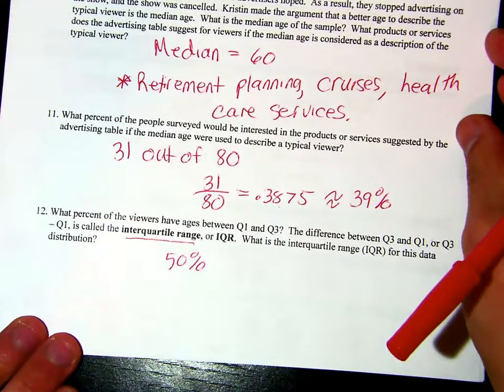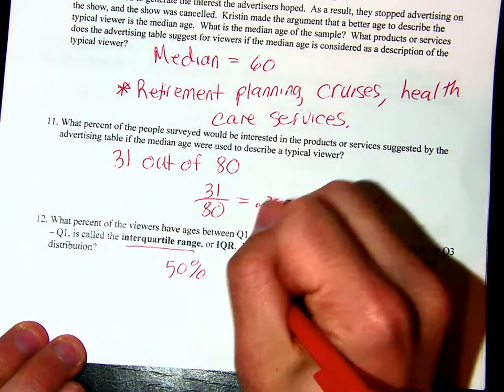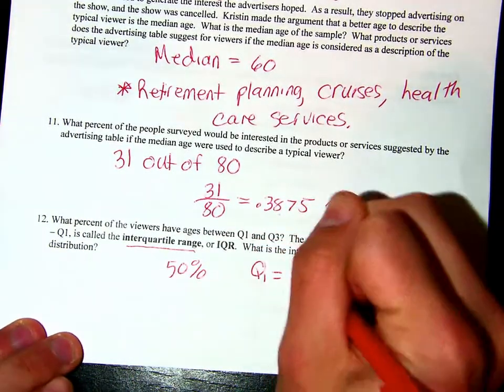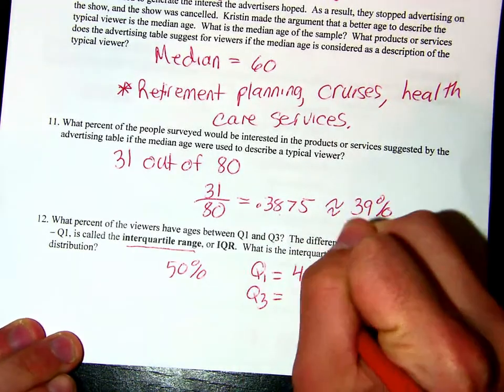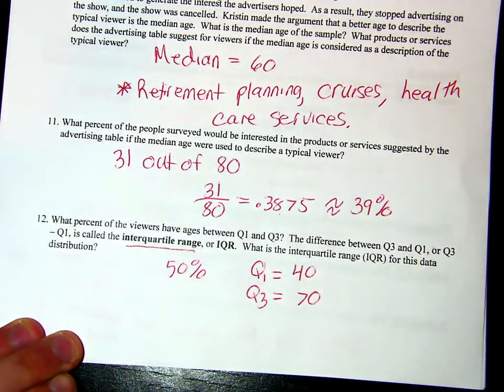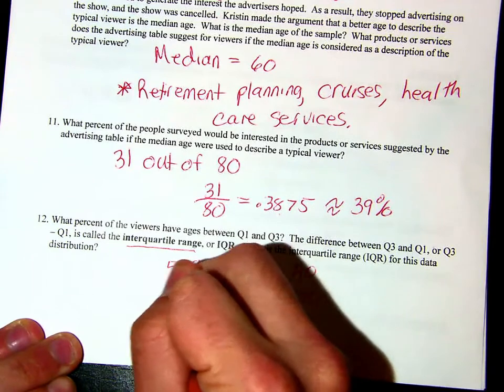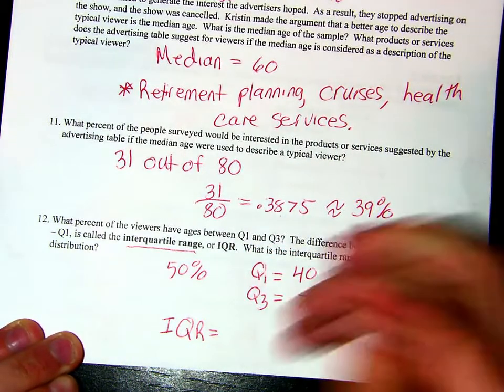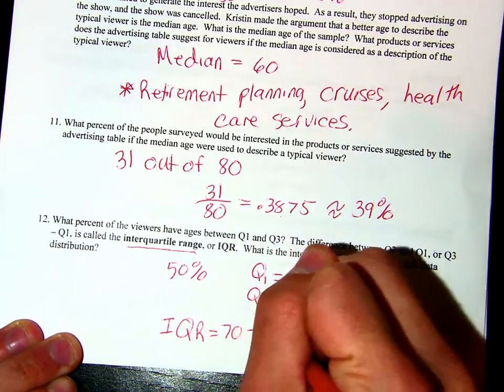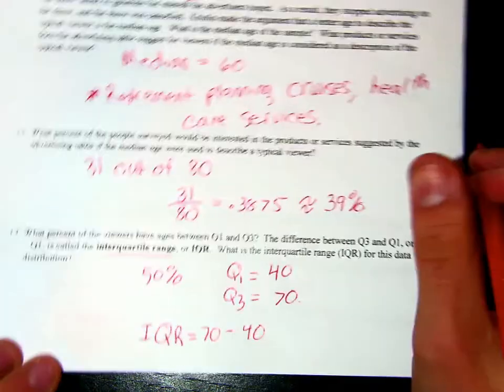We know that quartile 1 is equal to 40, we found out, and quartile 3 is equal to 70. So the interquartile range, or the IQR, is equal to 70 minus 40. Interquartile just means the difference between the two quartiles.